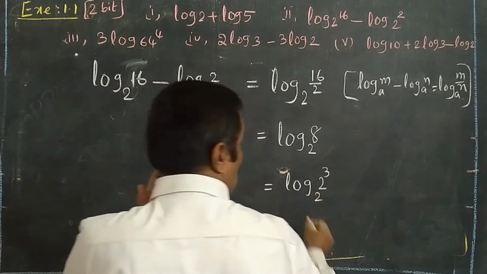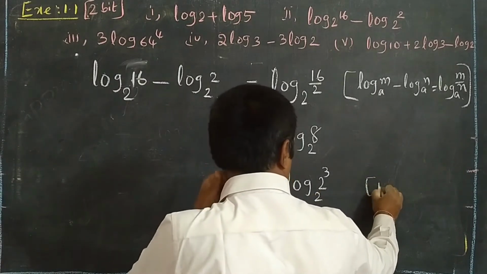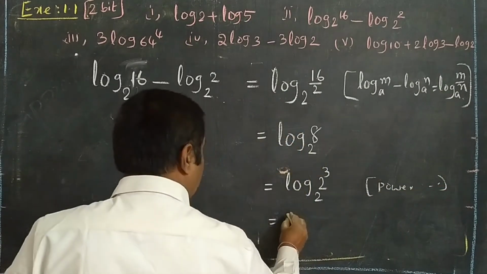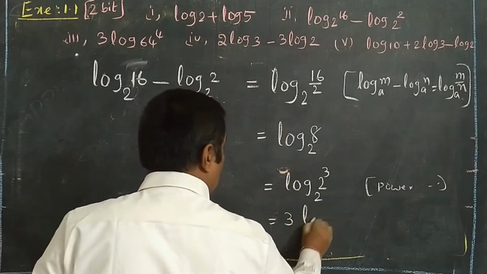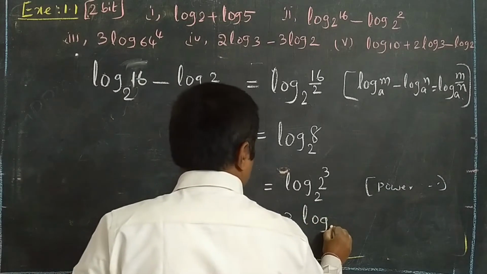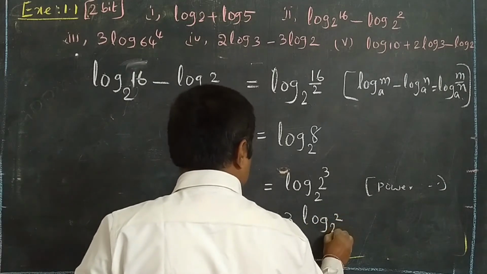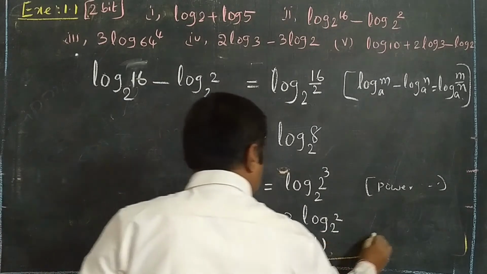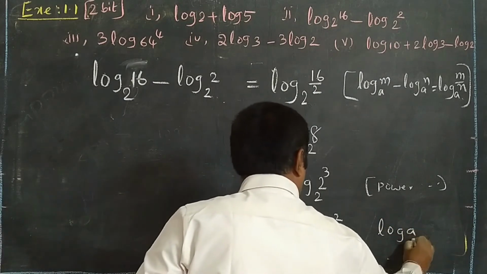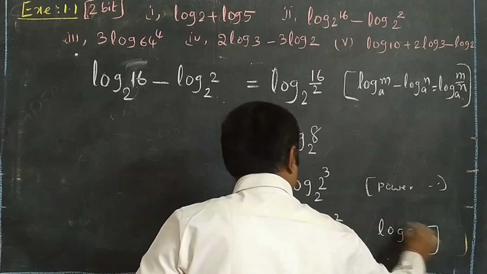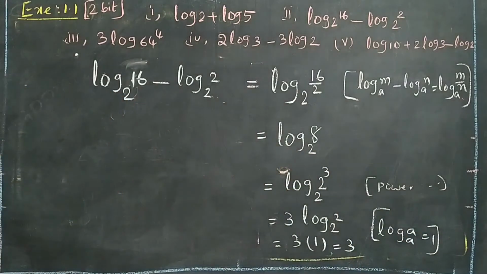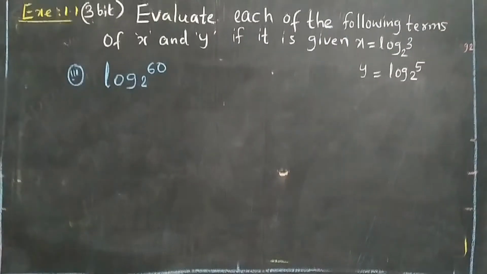And third rule, that is power rule. According to the power rule, 3 we have to write here. 3 log 2 base 2 equals 3 into 1, because log a base a is equal to 1. So your answer is 3. This is the method you do the remaining problems.